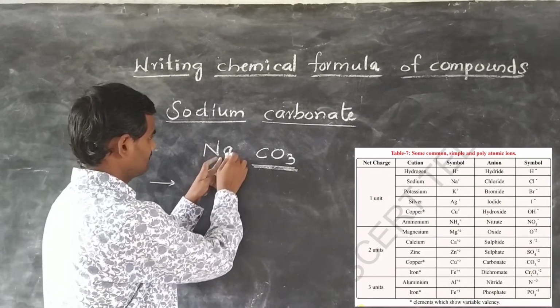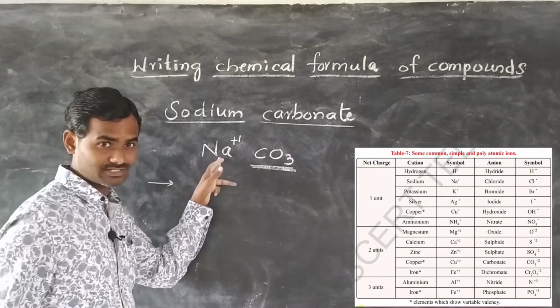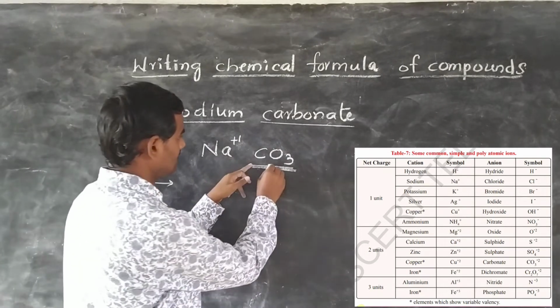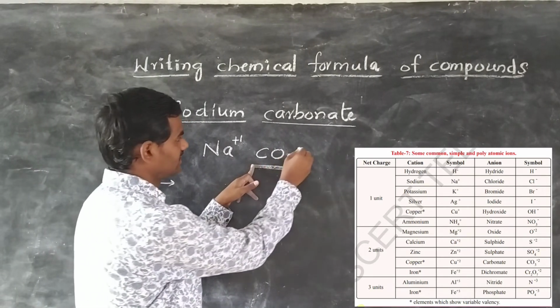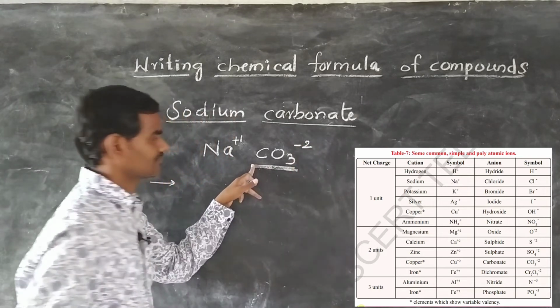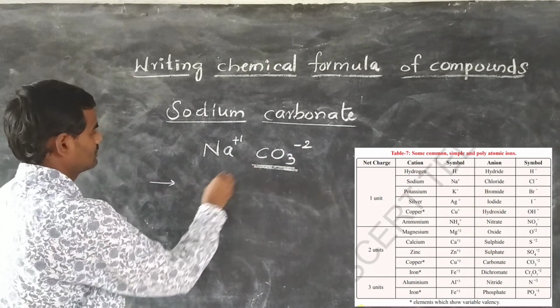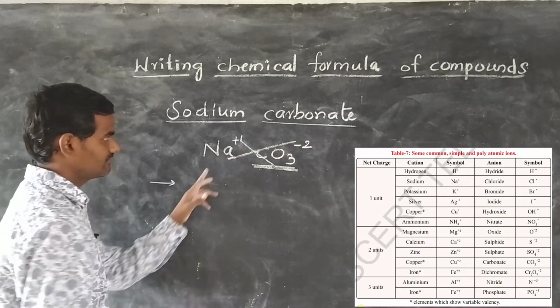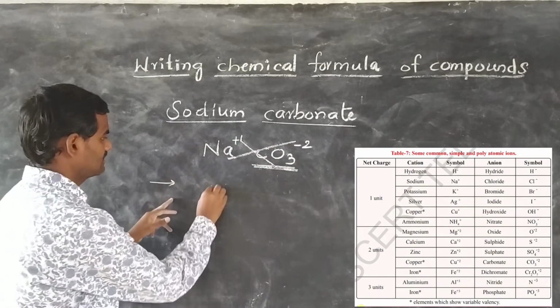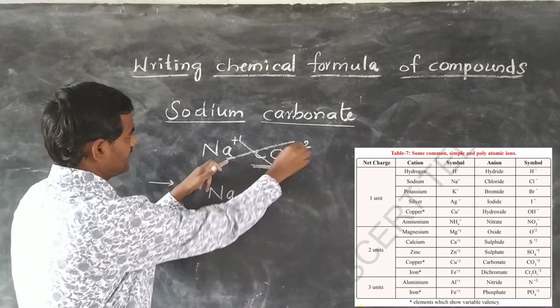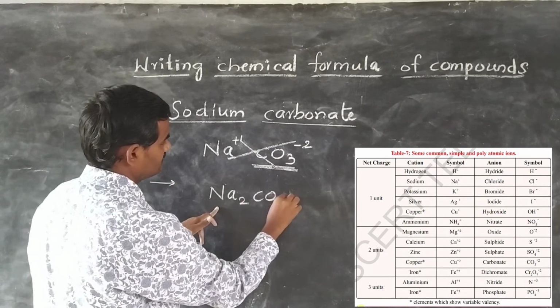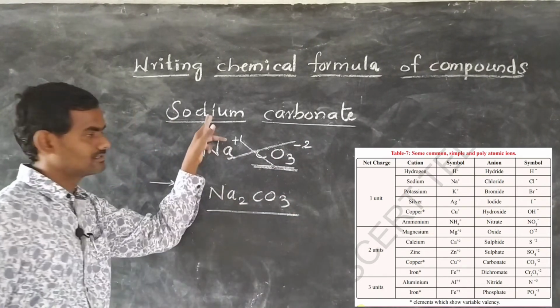The valency of sodium is +1, and the valency of carbonate is -2. By using the crisscross method, we replace the numbers and we get Na2CO3. So this is the formula of sodium carbonate.